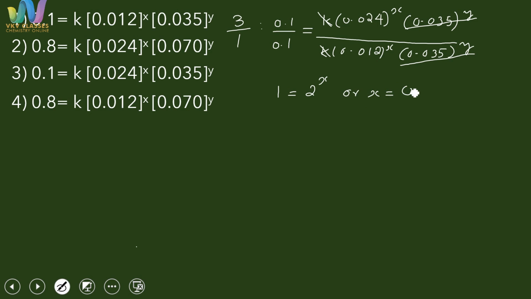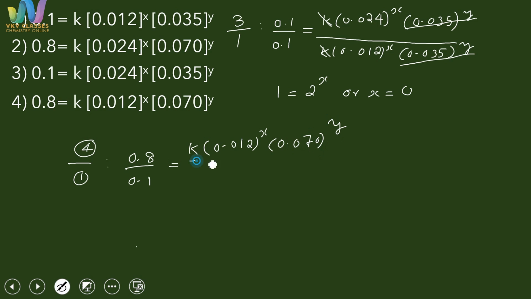Second, we divide equation 4 with equation 1. The left hand side will be 0.8 by 0.1. This will be equal to K into 0.012 power X into 0.070 power Y divided by K into 0.012 power X into 0.035 power Y. K gets cancelled.